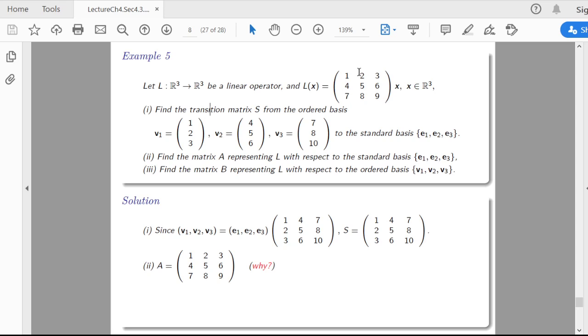You just plug in, for example, x by e1, then you can get that is the same as L e1 equal to this vector times e1 that gave us 1. And then we can get the first column here, the second, and the third use the similar way.